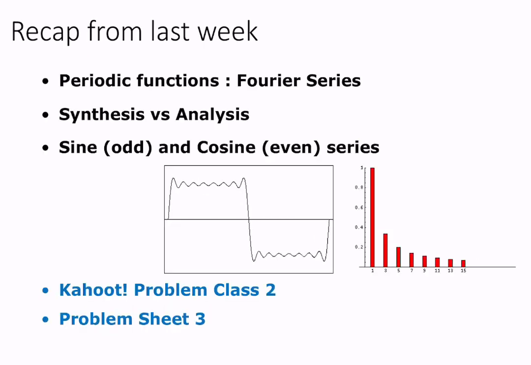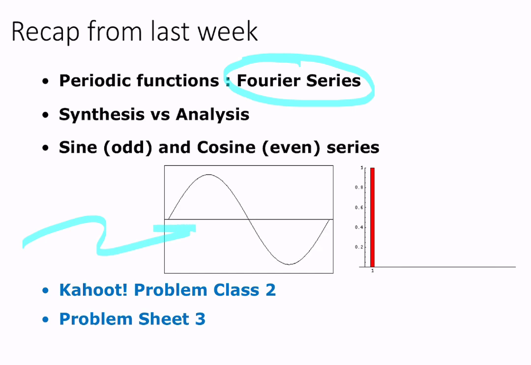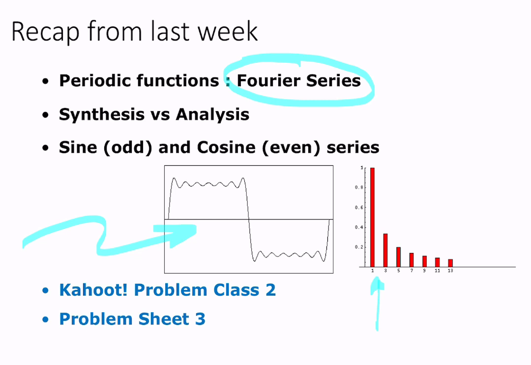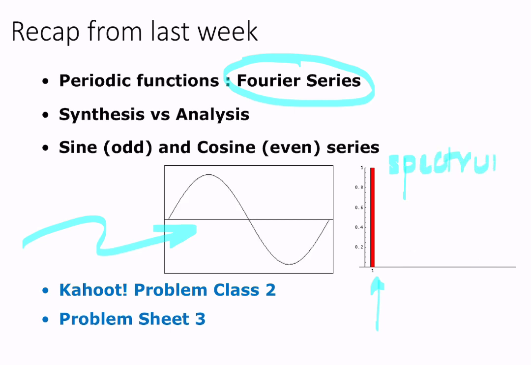Last week we introduced this idea of the Fourier series, and we said any periodic signal, any signal that repeats itself, can be represented using an infinite summation of sine waves. And we introduced this idea of a spectrum or a spectral plot.